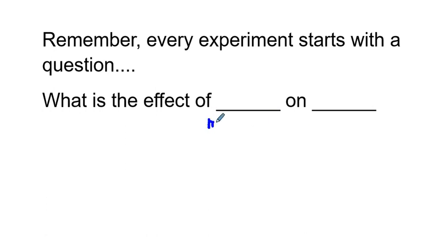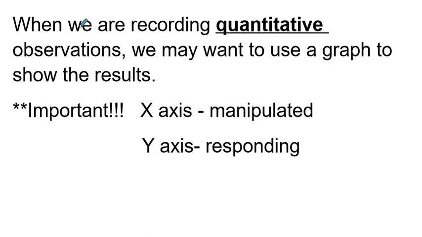So remember, this first blank is describing your manipulated variable, so the thing that you're changing or the thing that you're testing. The result then, so what are you recording, is your responding variable. And when we record quantitative observations, so remember this is something that we measure that has a numerical value like distance or mass or time, height, something like that.